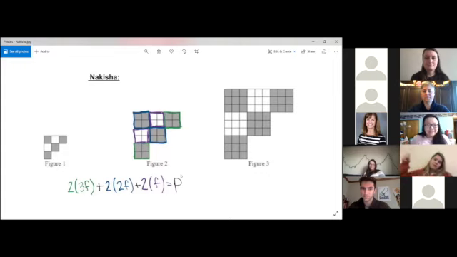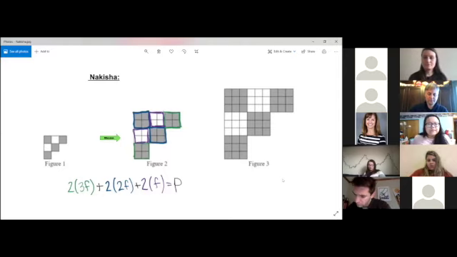Yes, I can. Okay, so for this equation, I started looking at the number of squares with different numbers of sides showing. So like I have green ones here, and I have blue ones and purple ones. And all the green ones have 3 sides showing, and the blue ones have 2 sides showing, and the purple ones only have 1 side showing on the outside, because that's where you measure perimeter from.